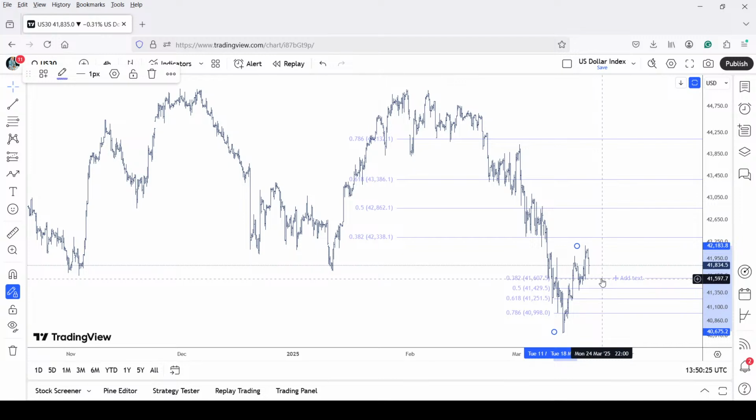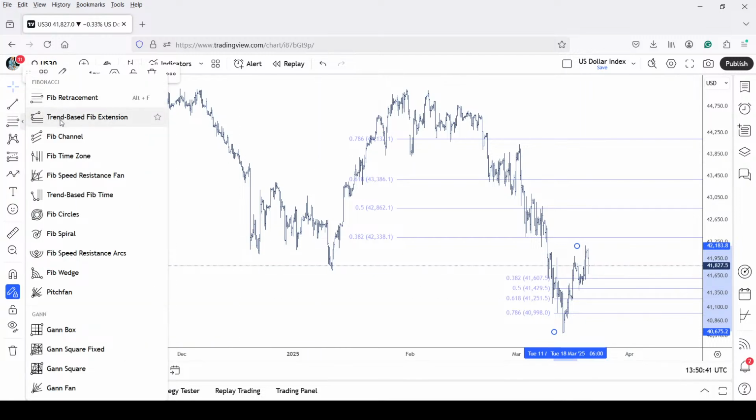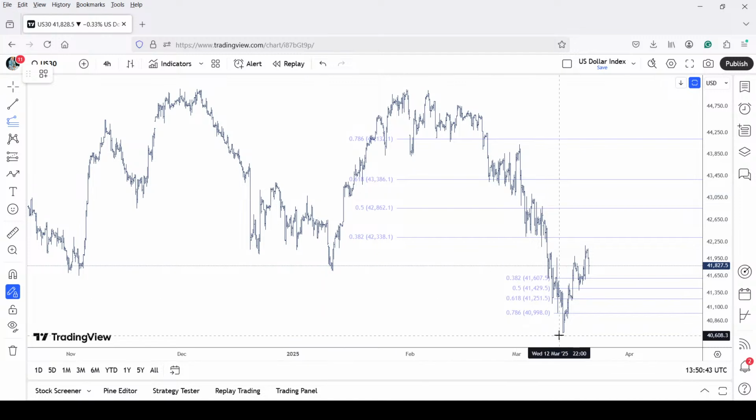Support is seen around the 41,500. Probably could also drop towards 41,200, where we would like to re-enter on the long side, and then possibly carry forward towards 44,000. Let's see.